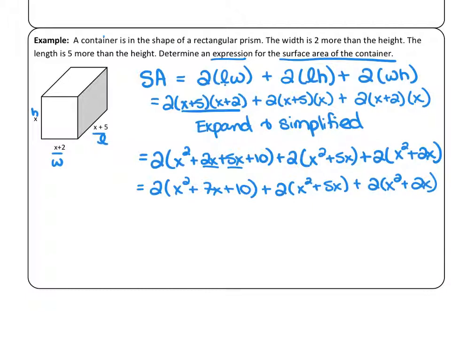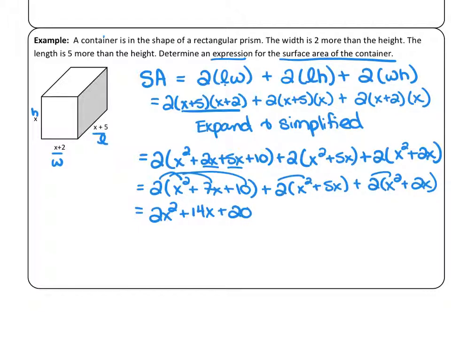Okay, this next part, I'm going to multiply the 2 into everything. So this 2 is going to go into this bracket, and into this bracket. And when you do it, multiply the 2 by everything that's in there. So by that, and by that. So 2x squared, 2 times 7 is 14, and 2 times 10 is 20.